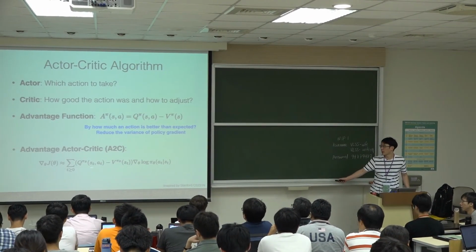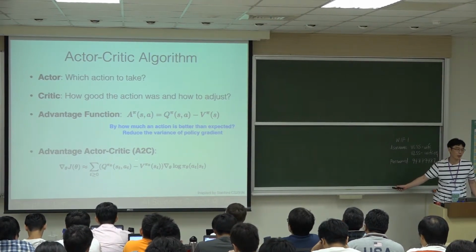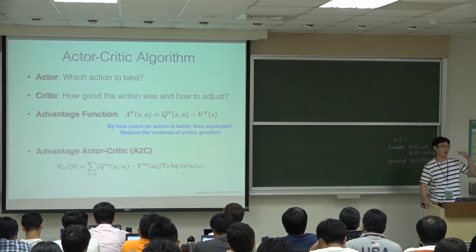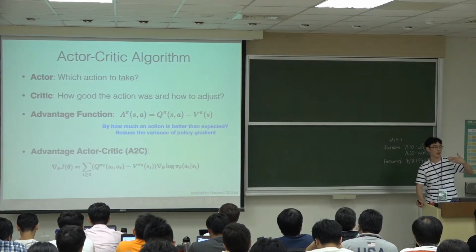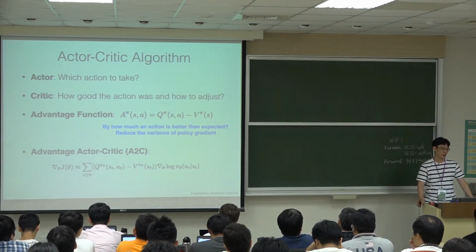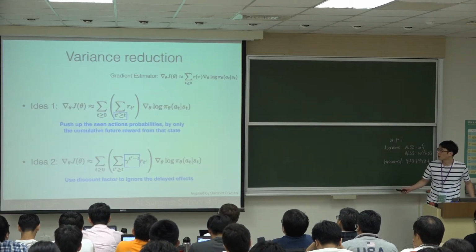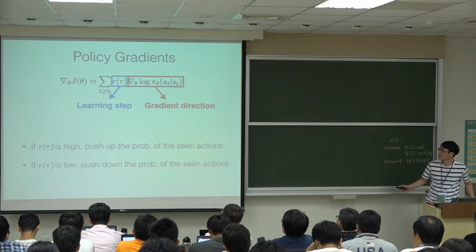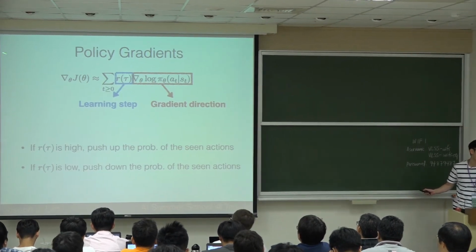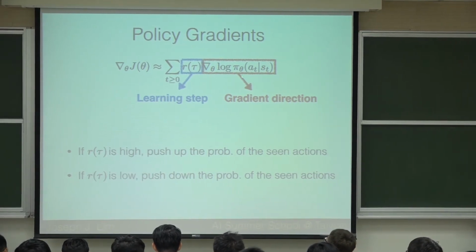Earlier, when you directly derive it, this part is reward, which we interpret as just a way of deciding how much you move toward the gradient. I think I showed a slide very early on. After you derive it algebraically, you realize this is what actually happens.